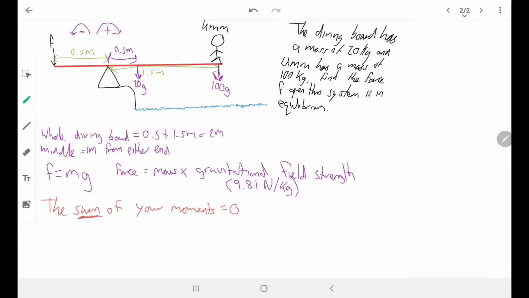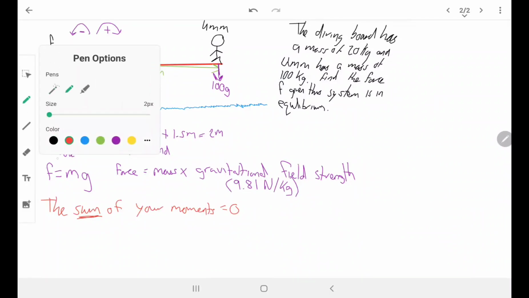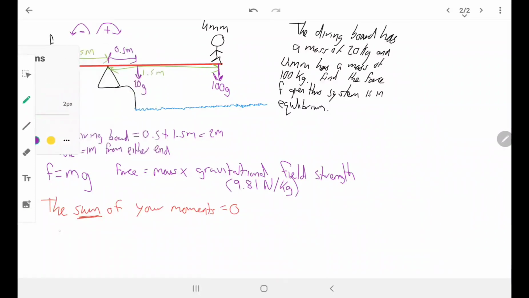So the way we do it, I've zoomed out a little bit, is I'm going to go back to purple again. I don't know this F. This F, I'm going to do F times minus 0.5. So that side's minus, and this side's going to be plus.